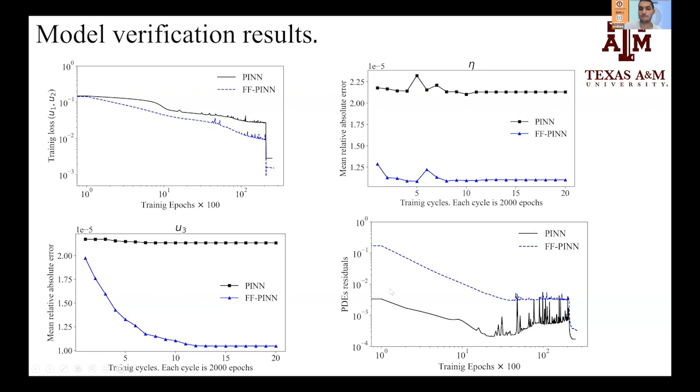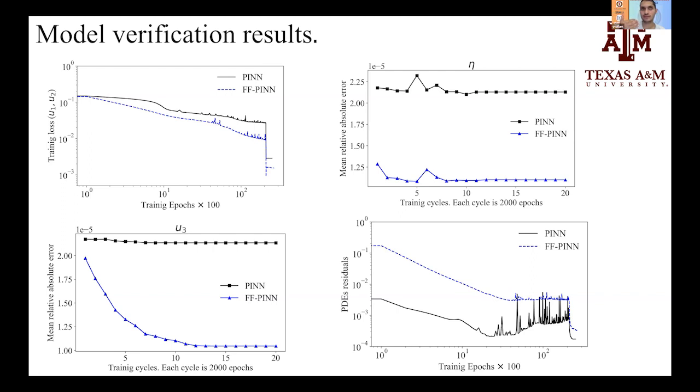And for the PDE residual, like the continuity equation and the momentum equation residuals, you can see that the physics-informed neural network has lower error compared to the Fourier feature part. This is a clue that the physics-informed neural network converged towards a solution that does not represent what the problem really looks like.